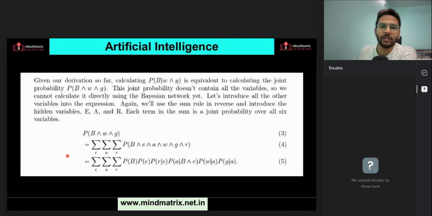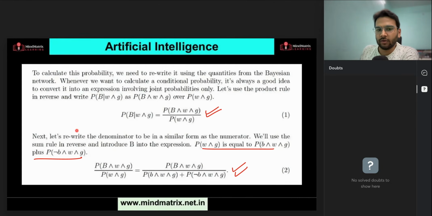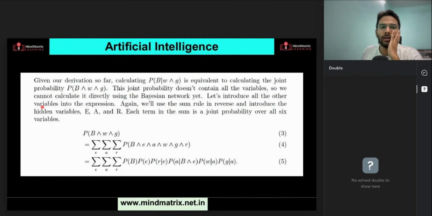Fine, let's proceed then. Now let's focus on the numerator, the probability of B and W and G, which is a joint distribution. Carefully see this: given our derivation so far, calculating this is equivalent to calculating the joint probability of this, right?